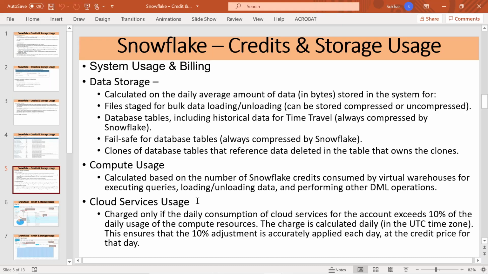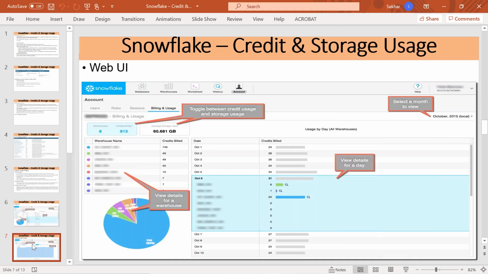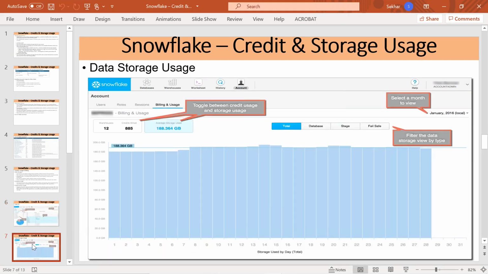So it said if the usage of your virtual warehouse and the metadata queries that you are running is more than 10%, then they'll charge you. By default, they'll give you a 10% discount, and then they account for it. So I'll show you the calculations as well. These two things I have shown you here.